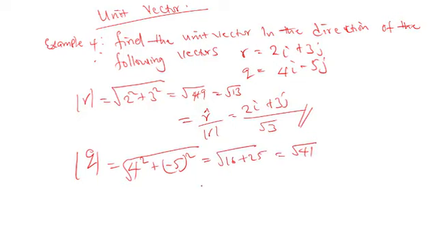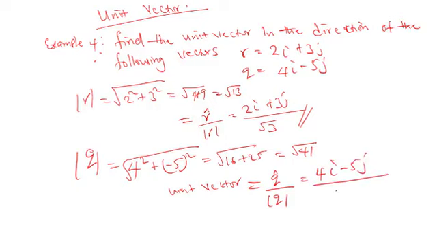So the unit vector will be equal to Q over the modulus of Q. Our value of Q was 4i minus 5j, all over root 41. I think that's it for a unit vector.